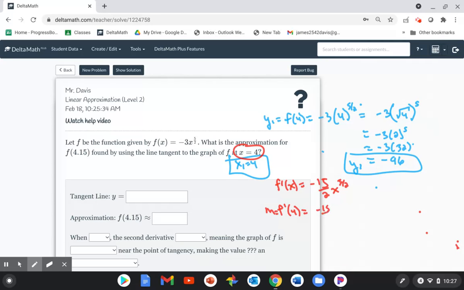So negative 15 halves times 4 to the 3 halves. And then that's going to be the square root of 4 cubed, right? You are expected to know how to do that, definitely. So that would be 2 to the 3rd power, which would be 8. So negative 15 halves times 8, which would be negative 60.